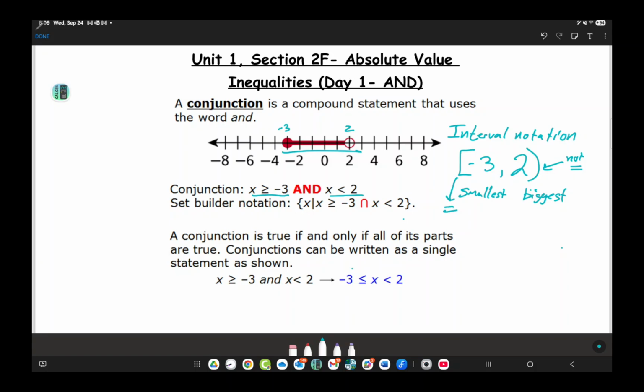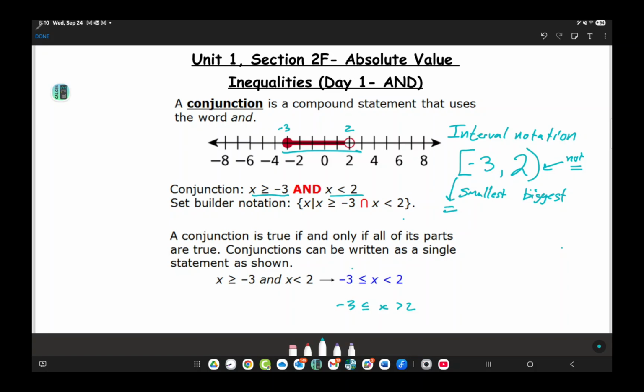We are not going to do set builder notation at all. Can there be two numbers and an arrow pointing in whichever direction? There will not be an arrow on any of these, because it'll just be shading in between. With this problem, can -3 have an arrow pointing that way and 2 an arrow pointing the other way?